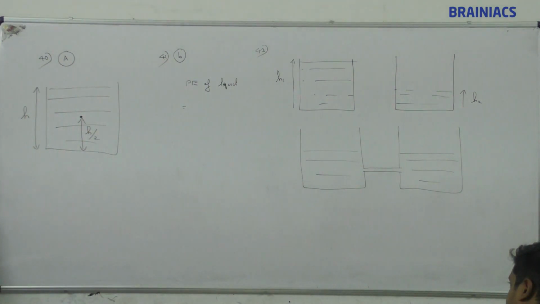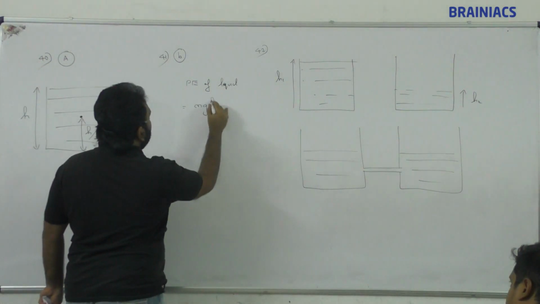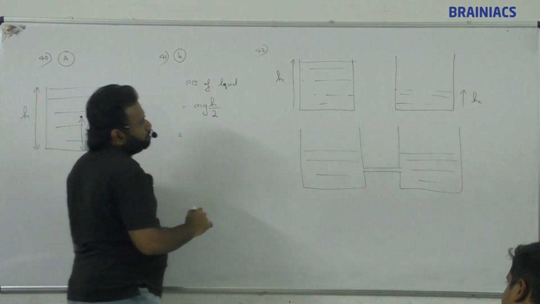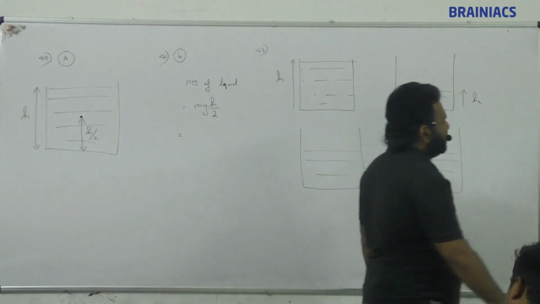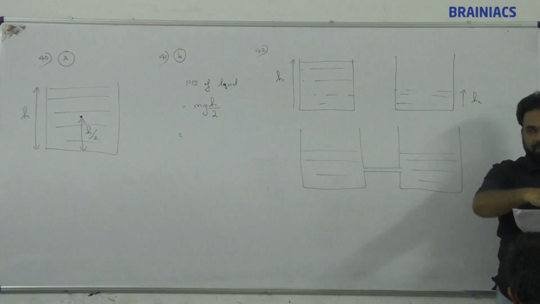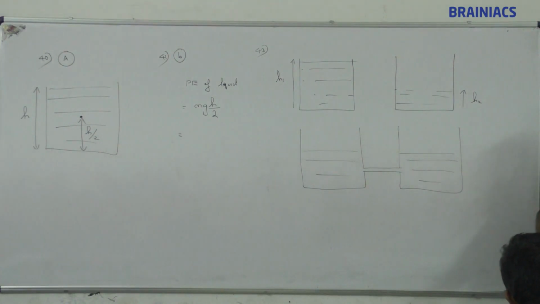Consider the height of the center of mass. So this is going to be mg h by 2. Always, just look at the options. What all things are there in the options?